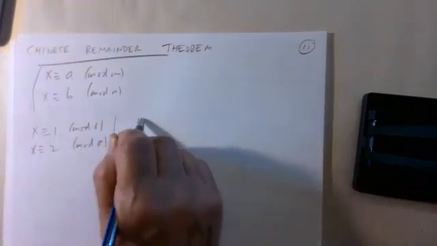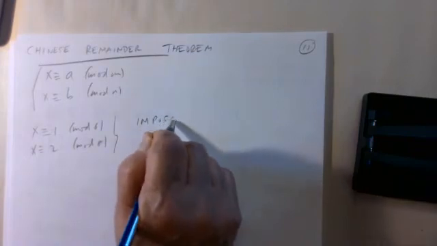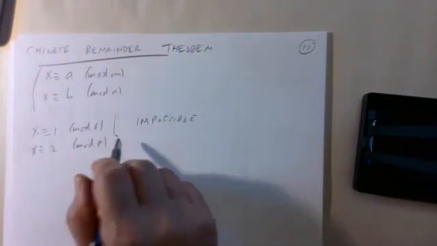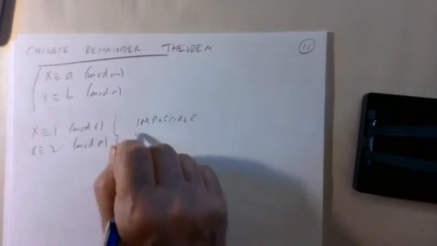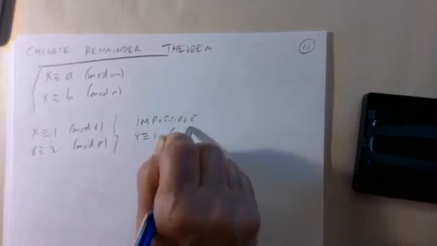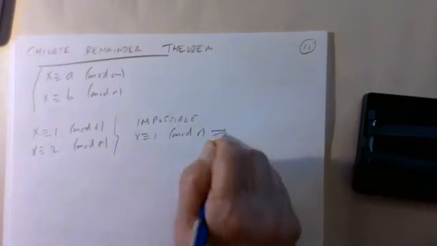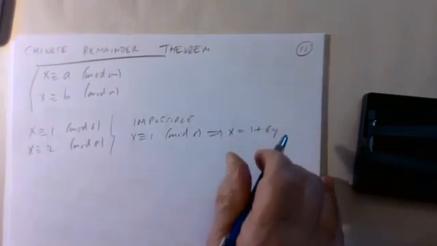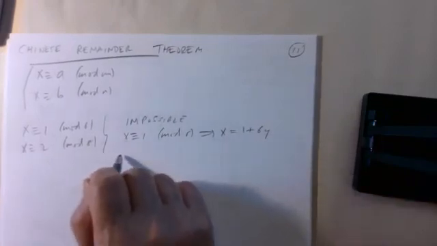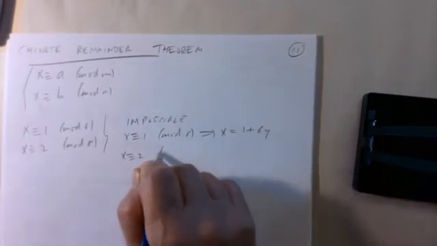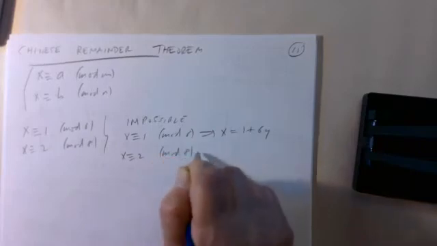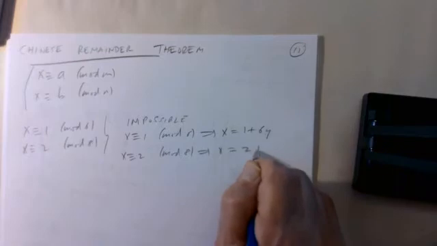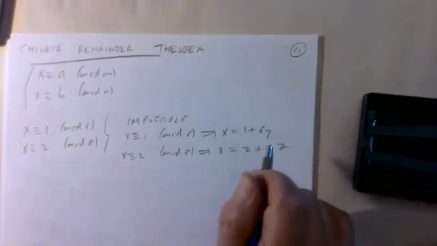I claim this is impossible, because if x is congruent to 1 mod 6, that means x is 1 plus 6y. And if x is congruent to 2 mod 8, that means x is equal to 2 plus 8z.